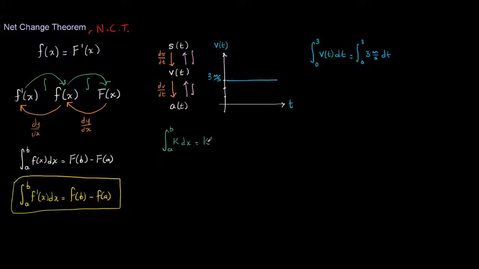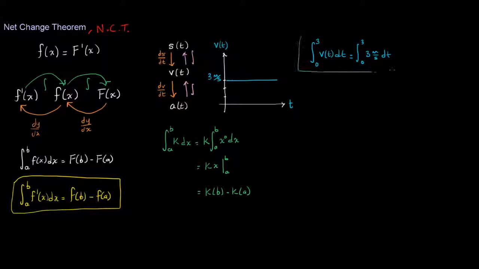It will be k times the integral between a and b of x raised to the 0 dx. Now we know what this will look like. It will be k times x evaluated between b and a. So at the end, this will look like k times b minus k times a.